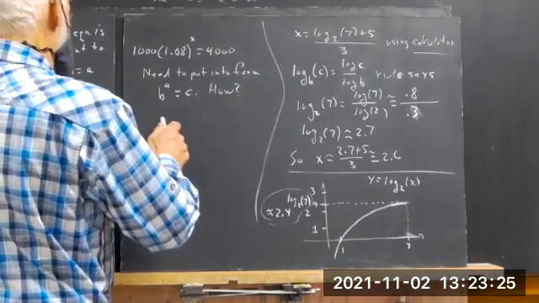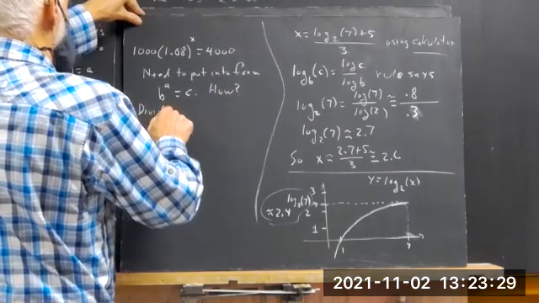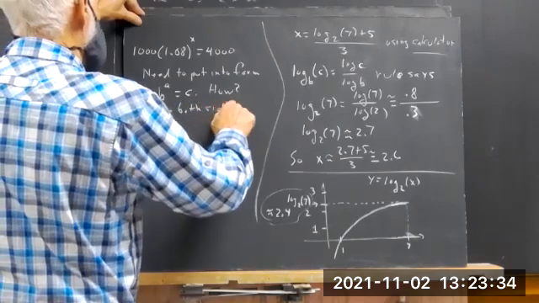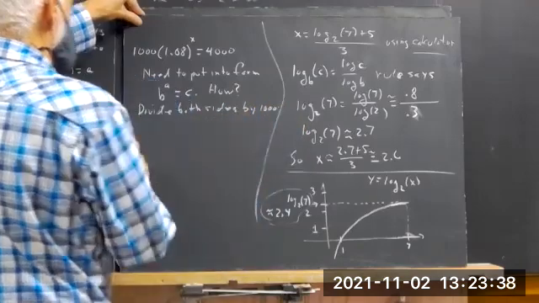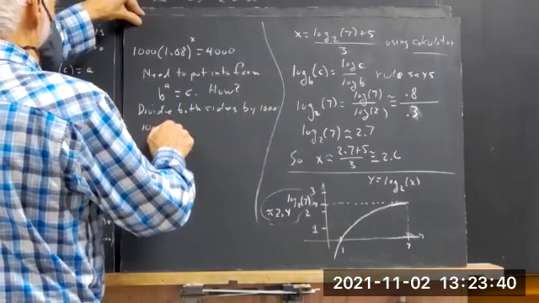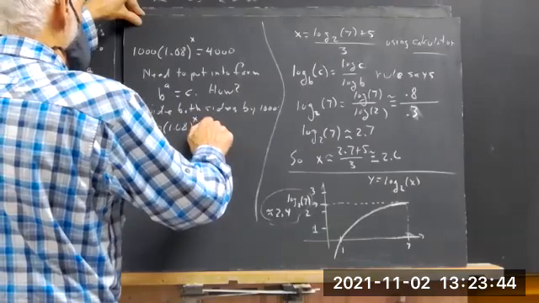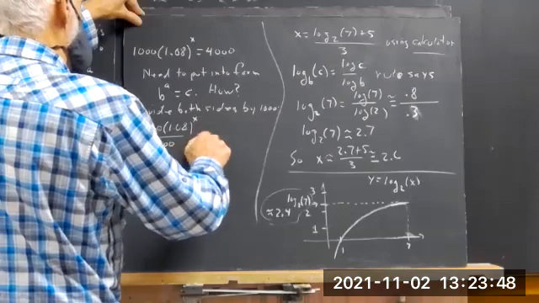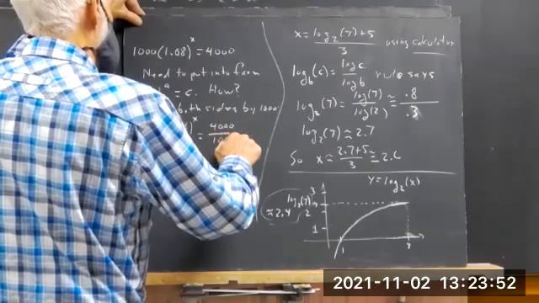So, 1,000 times 1.08 to the x divided by 1,000, which is 4,000 divided by 1,000.